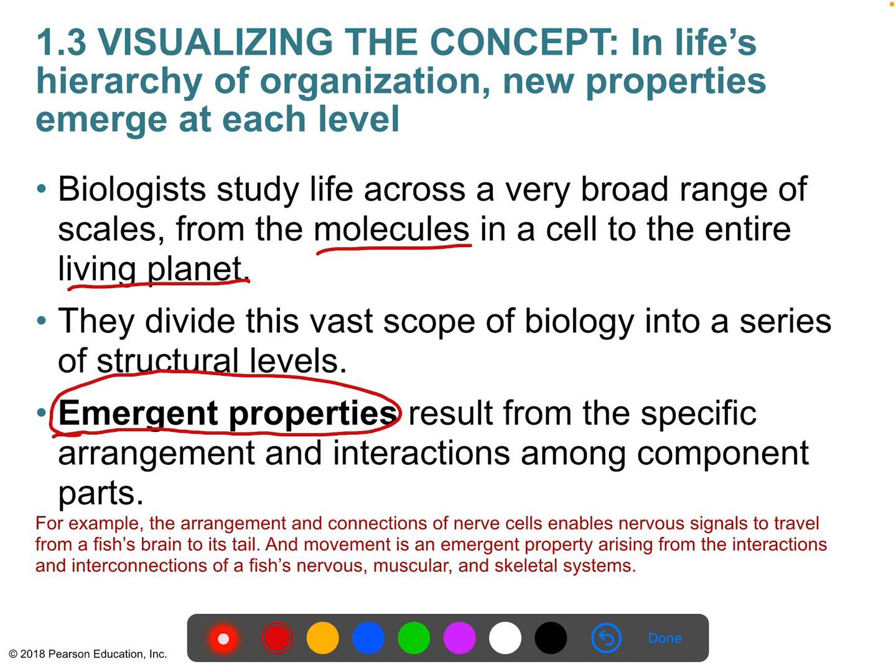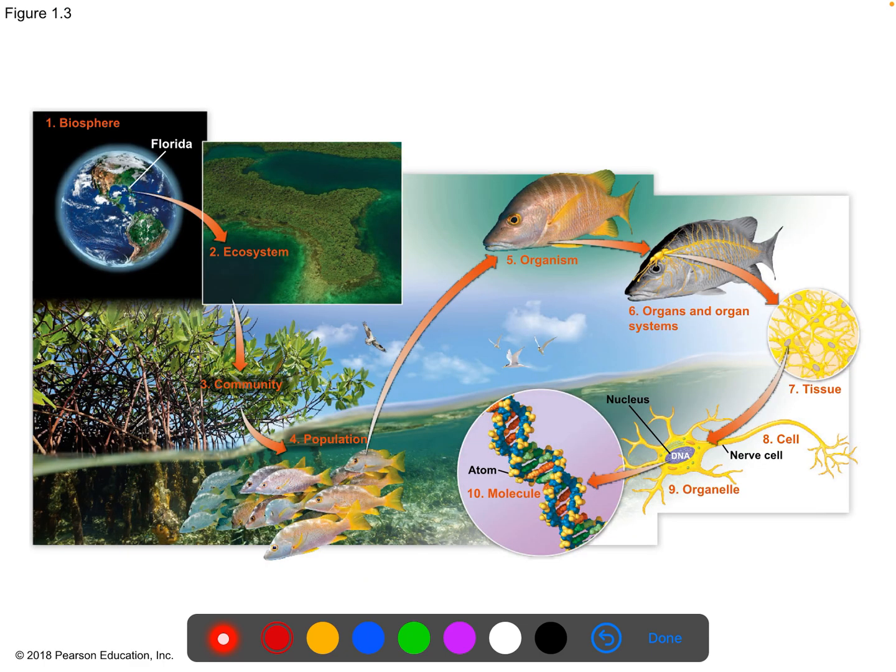When the fish wriggles its tail when it's swimming, it doesn't just wriggle its tail. There's a whole interaction that has to take place from the message being sent from the brain through the nerves to the nerve endings that contact the muscles in the tail of the fish. And those muscles can contract and cause the fish to move. You also have the support of the bone. So it's all the interactions of those systems together that create the emergent property, which is ultimately the fish moving.